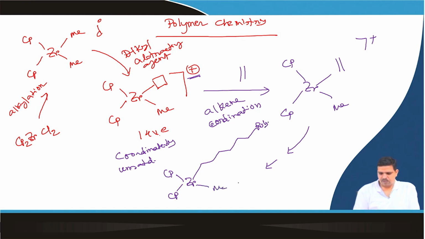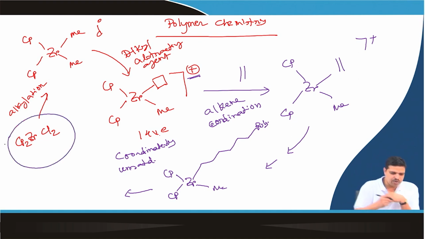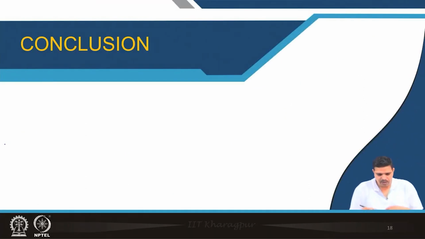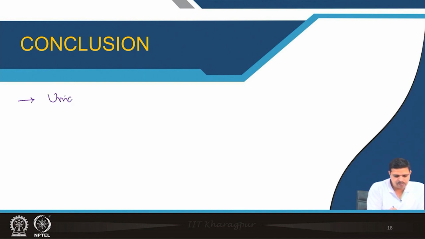So this is the simplified strategy, the mechanism for the polymerization, how this category of bent metallocene compounds favors the alkene coordination and alkene insertion, which are the basic key steps for the alpha olefin polymerization.